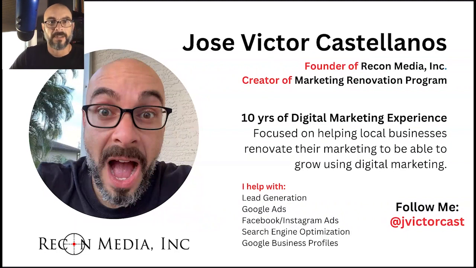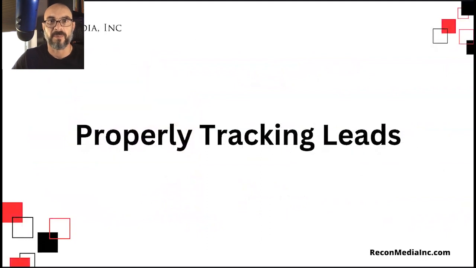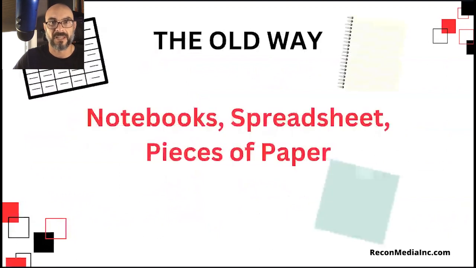So before you can build a $1 million sales pipeline, you actually have to work on properly tracking your leads. Many times when I talk to a contractor and I ask them, how do you keep track of your leads? How do you manage them? It's a notebook, spreadsheet, pieces of paper next to the phone, and that's it.